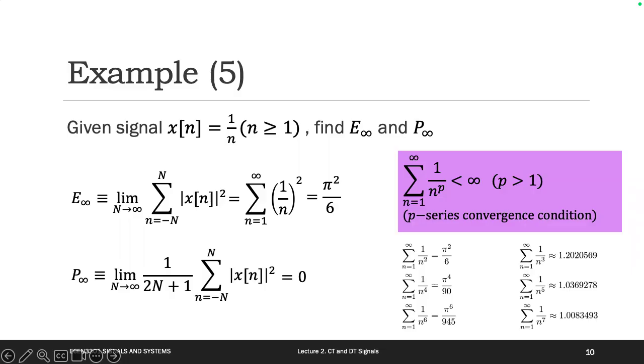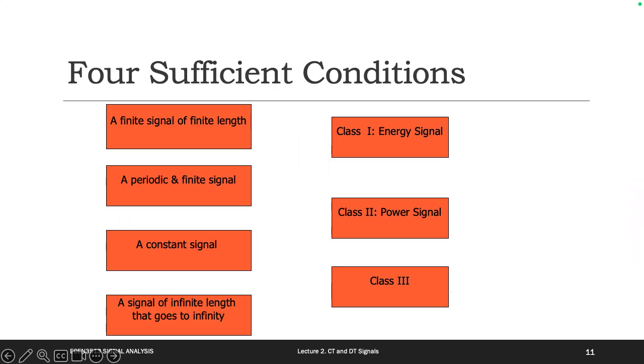Then let's summarize what we have already talked about. Actually, there are 4 sufficiency conditions. The first is a finite signal of finite length.